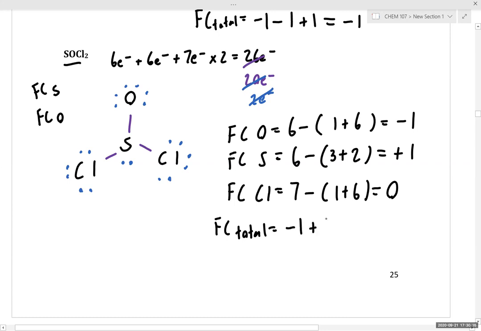So when we take -1 plus 1 plus 0, that gives us a total formal charge of 0. So we apply our formal charge assignments, and we've completed this Lewis structure with formal charges assigned. Does this example make sense to everyone?